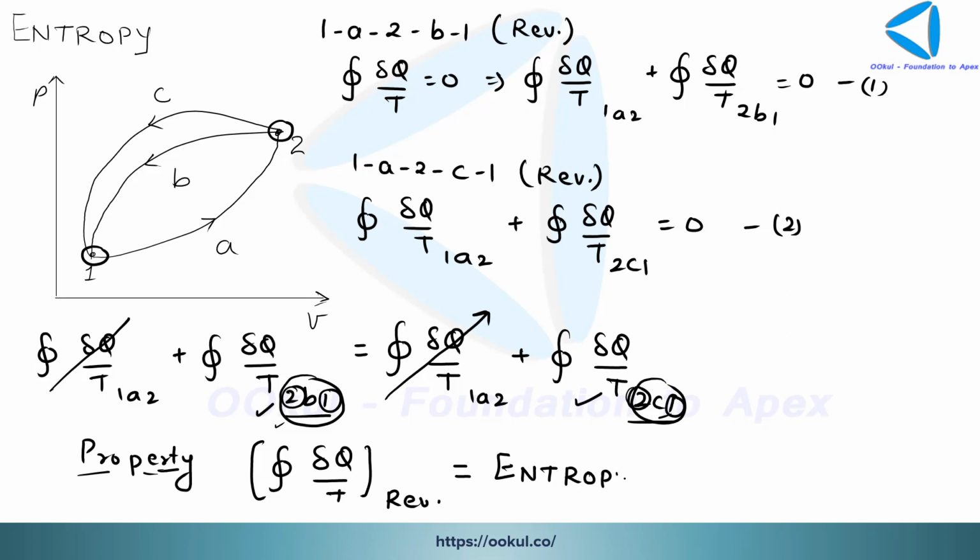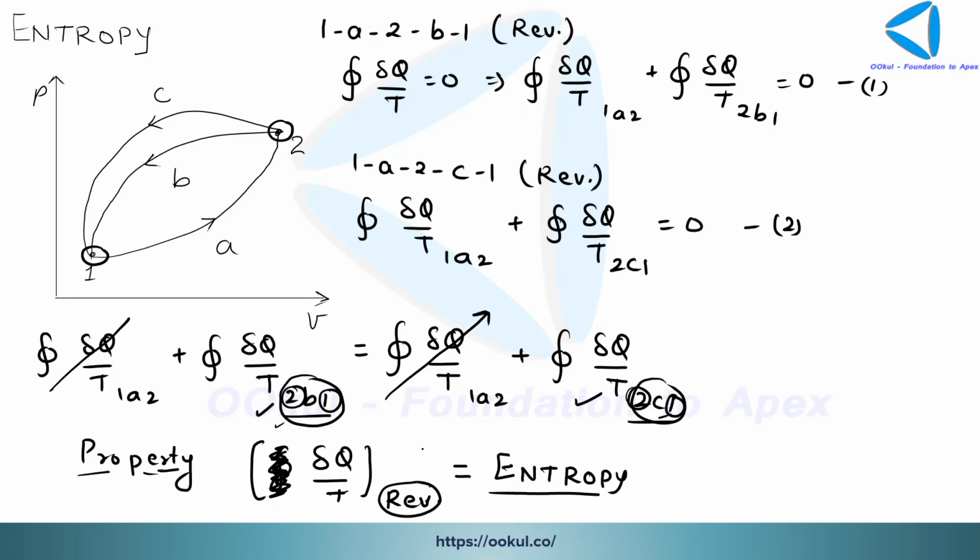Okay, so entropy is nothing but the integral, or basically it should not be the cyclic integral, because here it won't be a cycle, because we are going from 1 to 2 only. So for any reversible path or any reversible process, the integral of delta Q by T is known as entropy, but please remember it's only for a reversible process.